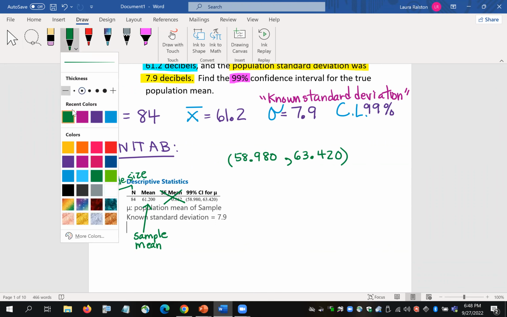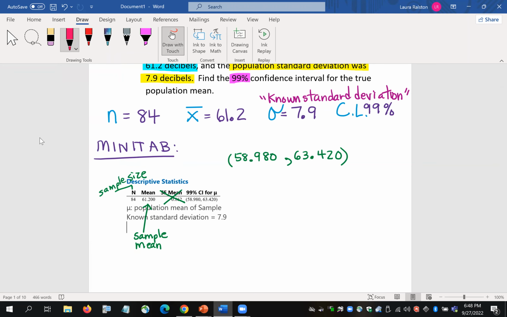So in that set of parentheses, you have the lower bound. The lowest possible value for the population mean would be 58.980. The second number is the upper bound.